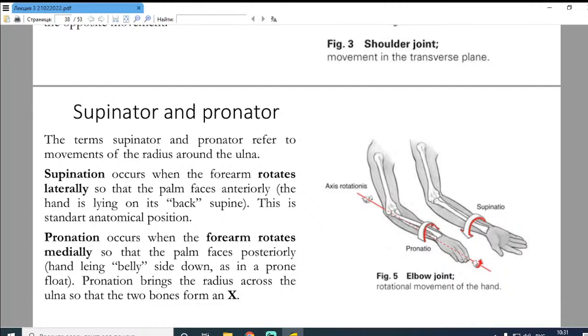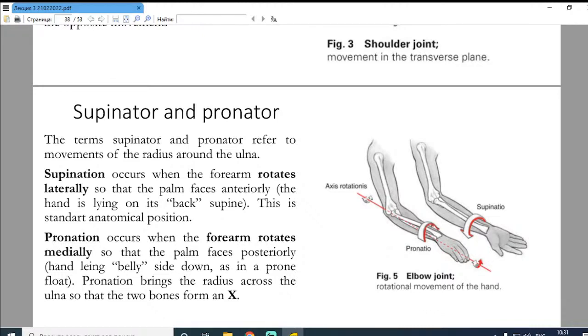Supination occurs when the forearm rotates laterally, so the palm faces anteriorly, the hand lying on its back, supine. Supination, supine. This is the standard anatomical position.